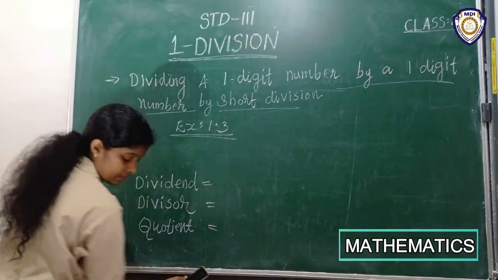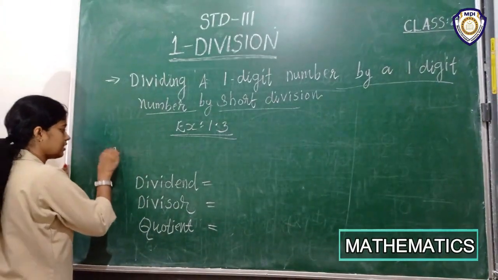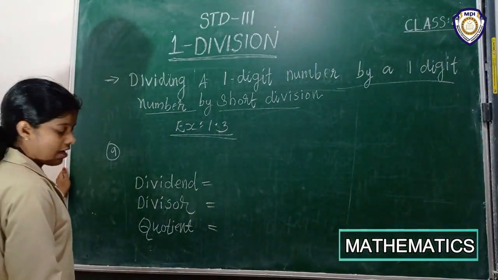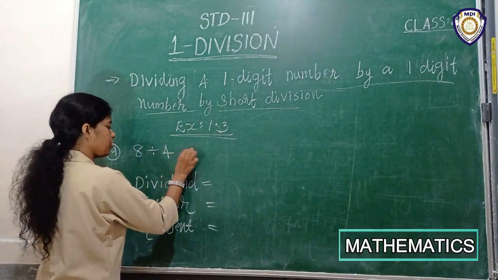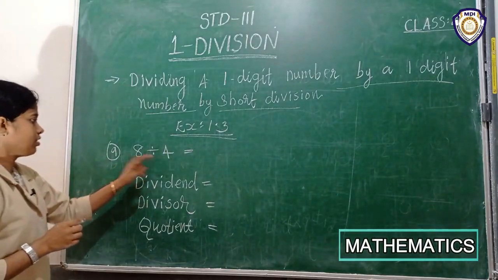All of you listen here. Don't write it. 8 divided by 4. The table of 4.